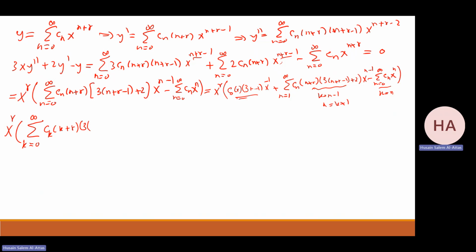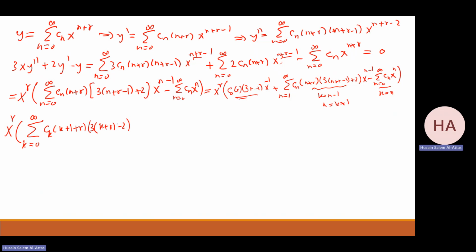I have ck, n is k plus 1, so that will be, sorry, k plus r plus 1. Since I make n k plus 1, no, k plus 1 plus r, this is 3. I have n plus r, so I have k plus 1 plus r minus 1, so that will be k plus r minus 2. Well, I said let us leave it.